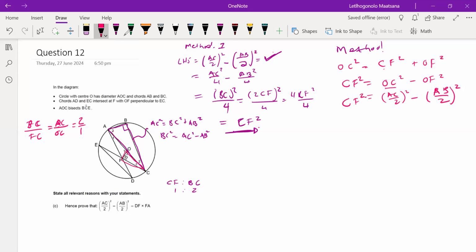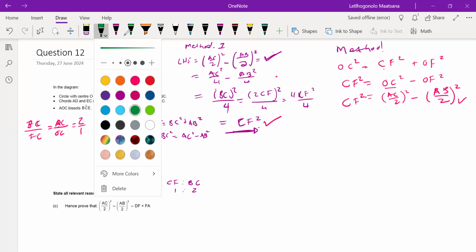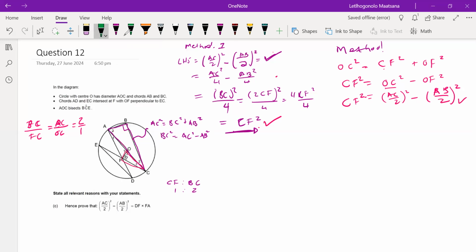What is important is to show that (AC/2)² minus (AB/2)² is equal to CF². You can show it using the big triangle, or using the small triangle. Either way, the relationship between the two will come into play. Once you have proven that, you're going to go to the next part.